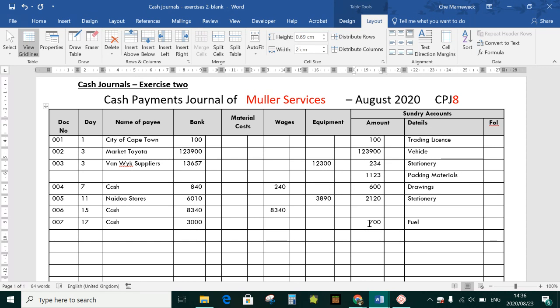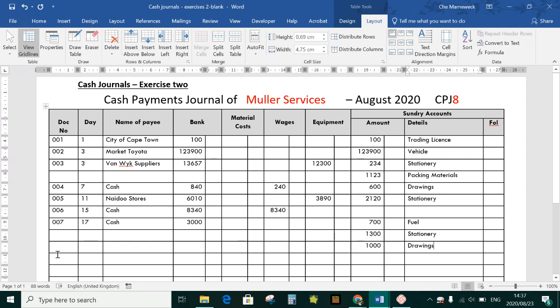We then have 1,300 for stationery. And we have 1,000 for drawings. All of these are sundry items, so we leave the other columns empty. And we make sure that we don't record anything else in these rows.